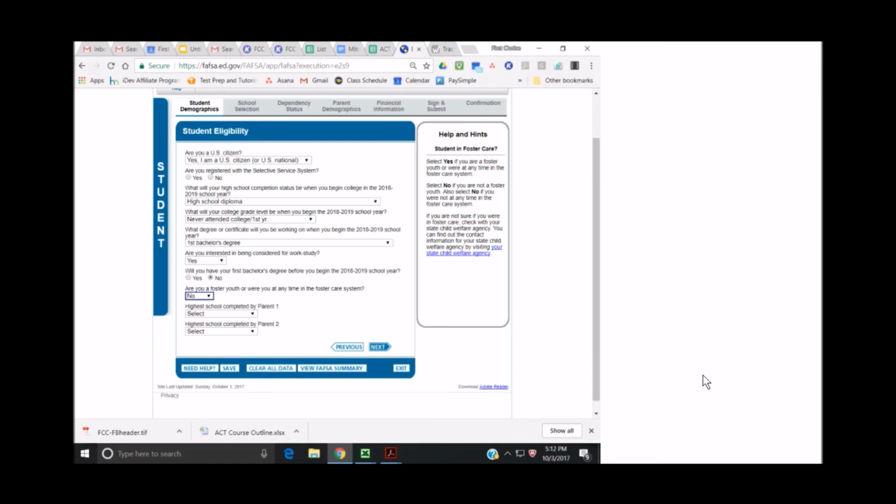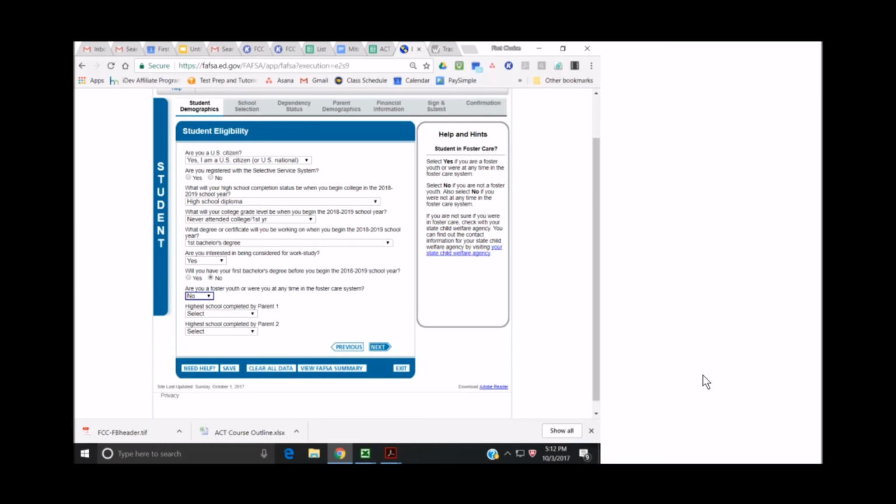Will you have your first bachelor's degree before you begin 2018-19? For most people, that's a no. Maybe if you're filing for financial aid for graduate school, then it would be yes. But if you're going into an undergraduate program, for most people, we would say no to having the first bachelor's degree.